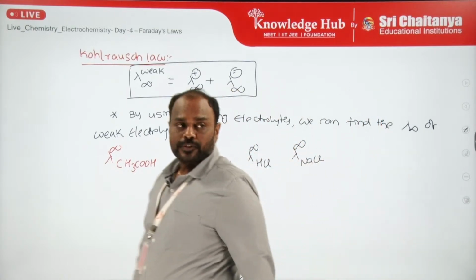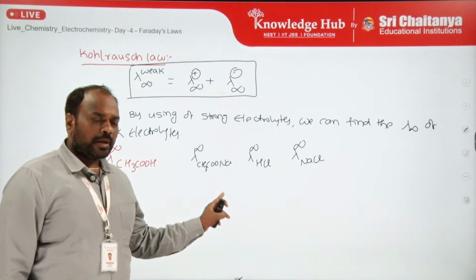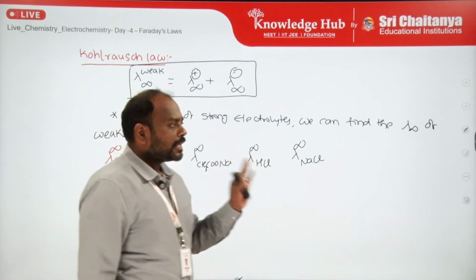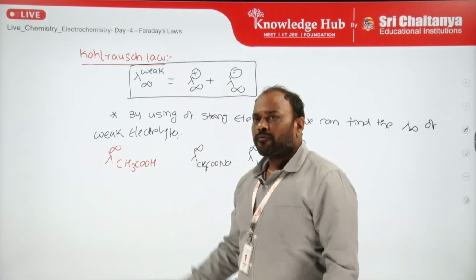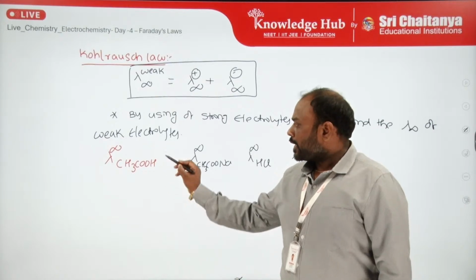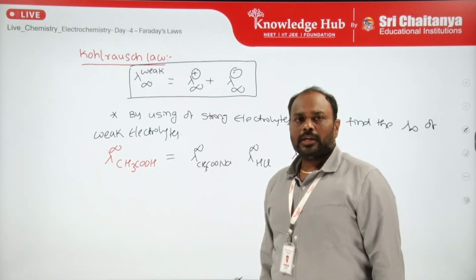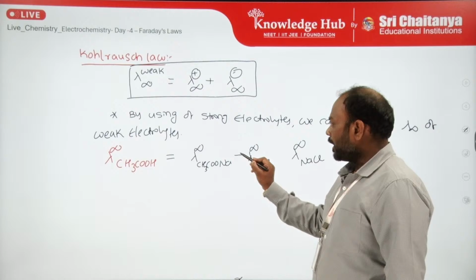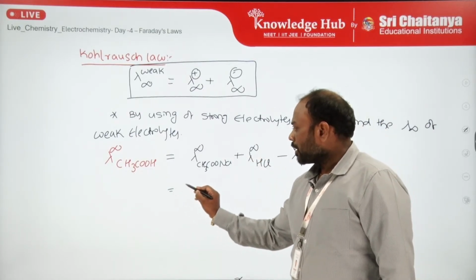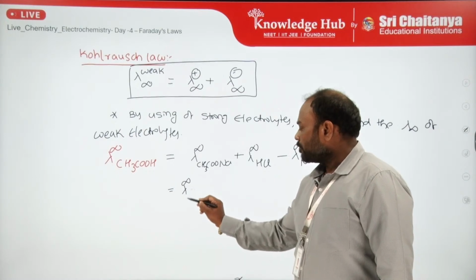By using strong electrolytes, sodium acetate, HCl and sodium chloride, by using these three, we calculate the equivalent conductance of acetic acid at infinite dilution. See how you get this? That is equal to, first two are added, third one is subtracted. See why? Because lambda infinity of which ions do we get?